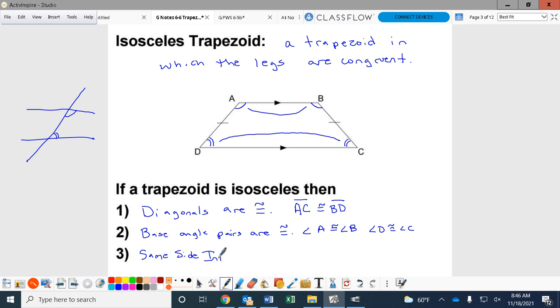Guys, what does that really mean? Thank you. They add up to 180. So A and D would add up to 180, and then B and C would add up to 180, just so you can see what it looks like in the picture.